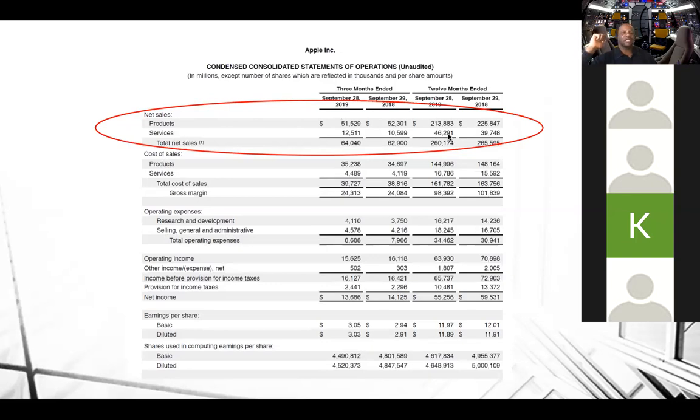The services would be things like AppleCare, Apple Music, Apple TV, not the device, but the subscription you have to pay for, and $3 or something for terabyte iCloud space. So those are the services there.